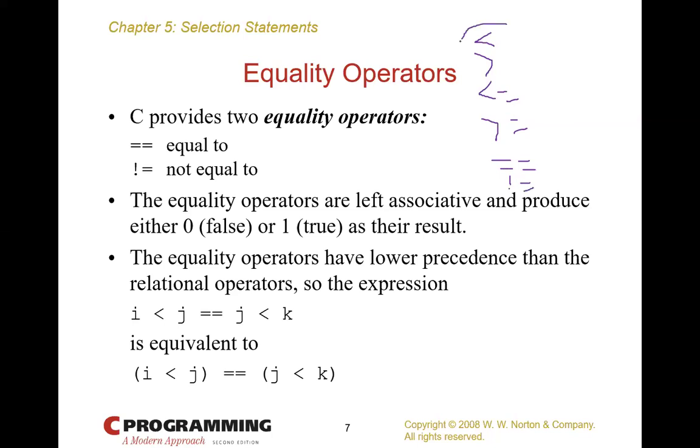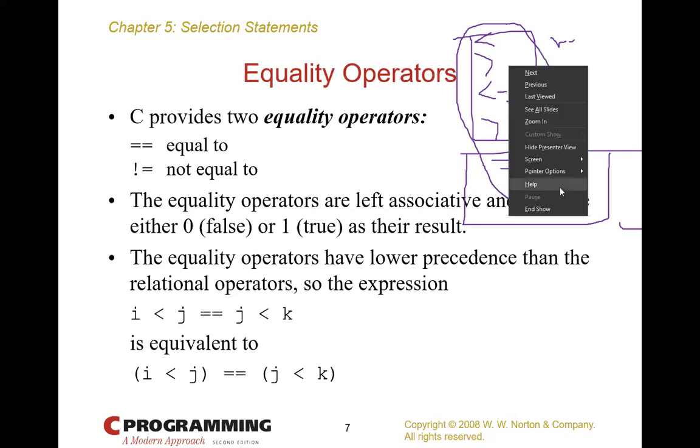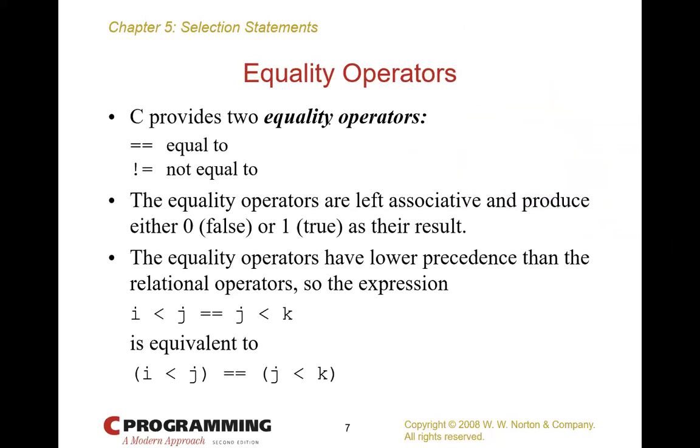This is what we have in most programming languages. But C is different. C separates these two as another group of operators called the equality operators. It leaves this for the relational operators. Okay, let's clean this slide and continue.